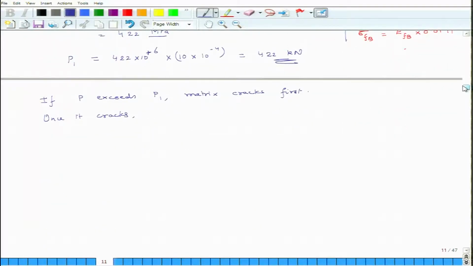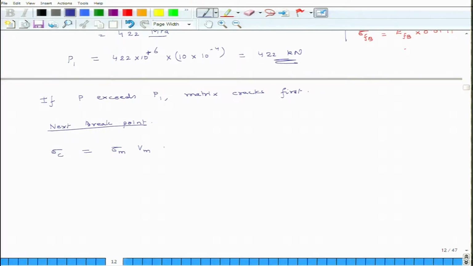So next, let's find out the next breakage point. At the next break point, stress in composite will be stress in matrix times volume fraction of matrix.